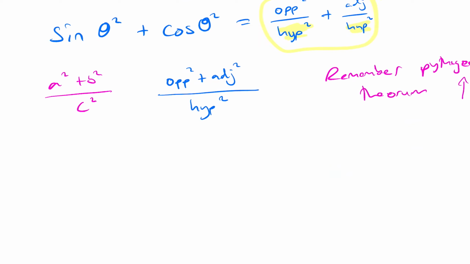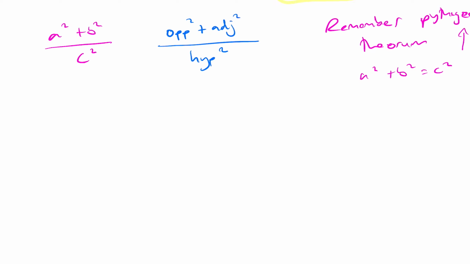Anyways, I digress. Okay, so remember Pythagoras' theorem, right? So a squared plus b squared is equal to c squared. That basically means opposite squared plus adjacent squared is equal to the hypotenuse squared, right?